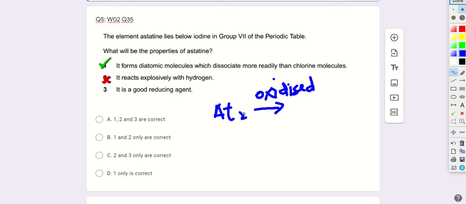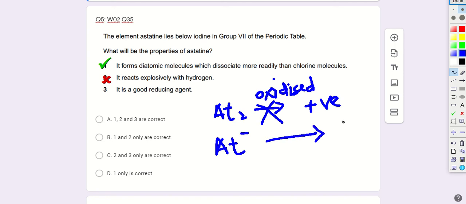But astatine is already a neutral molecule, and it doesn't form positive cation. If you say that astatide ion is a good reducing agent, easily turning to astatine, then yes, the answer is correct. But they're talking about astatine, not astatide ion. So statement number 3 is not correct.